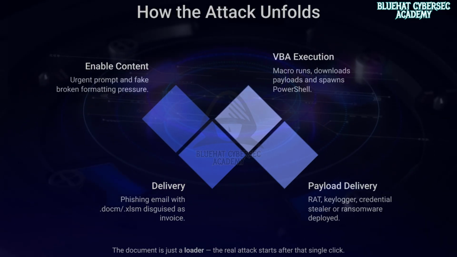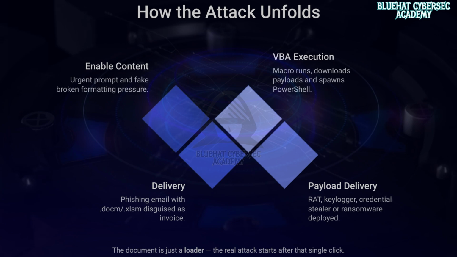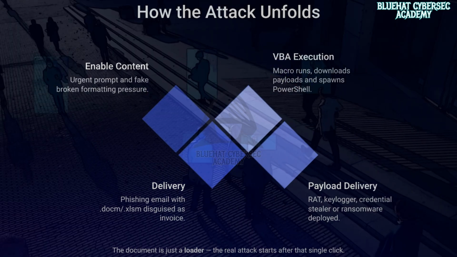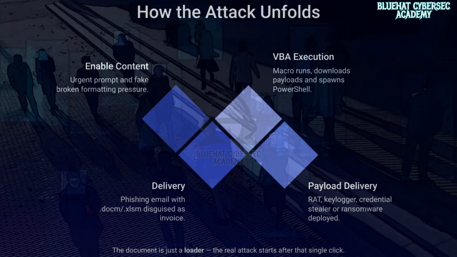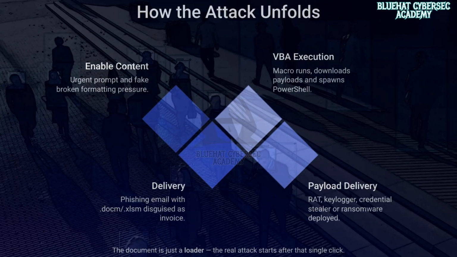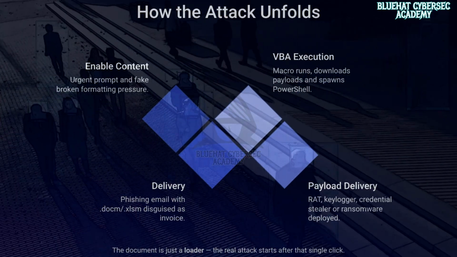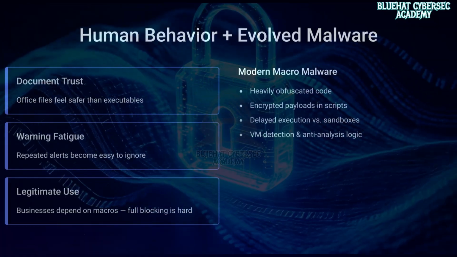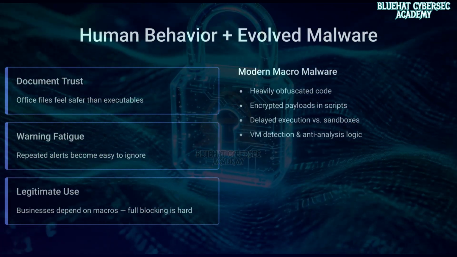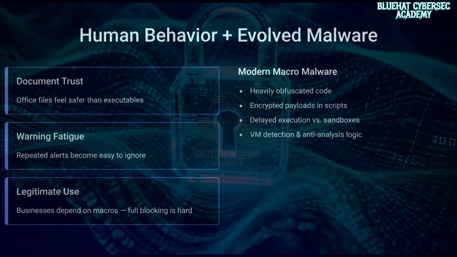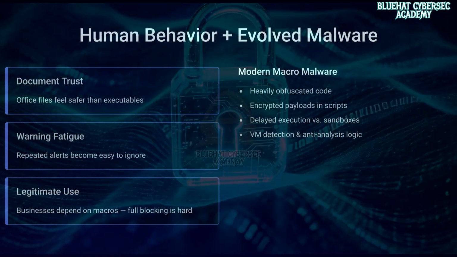This can include remote access tools that give full control of the system, keyloggers that capture everything typed, credential stealers that extract login data, or ransomware that encrypts files for extortion. The reason attackers use this staged approach is simple. It helps them avoid detection, delay suspicious behavior, and change payloads without modifying the original document.